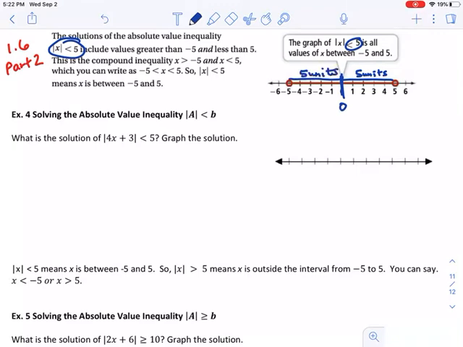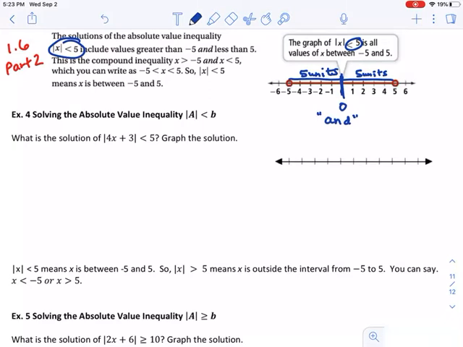And in this case, the absolute value of x was less than 5, which means we're not equal to 5. From 0, you can go a maximum of 5 units away, but you're less than 5 units away. That means this is going to be an AND type of problem, if you remember our compound inequalities from section 1.5.